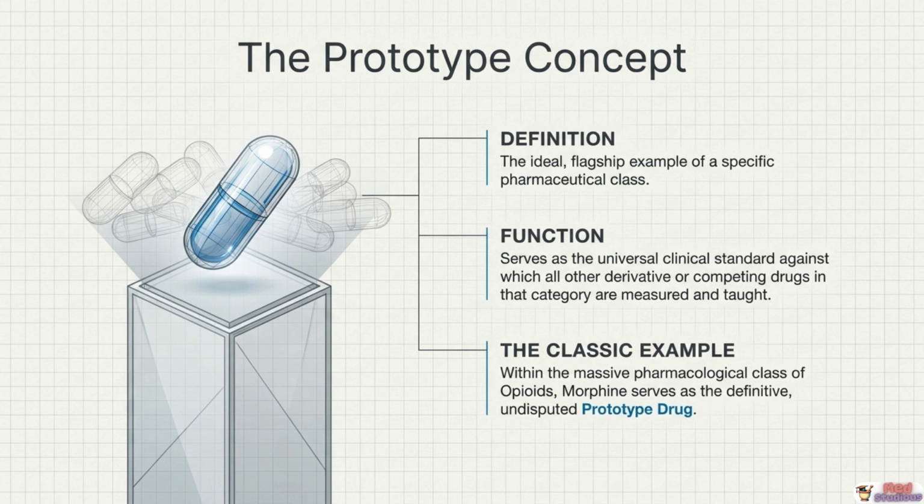Every other opioid, codeine, tramadol, fentanyl, oxycodone, methadone, buprenorphine, is taught and clinically understood in relation to how it compares to morphine on efficacy, potency, receptor selectivity, half-life, abuse potential, and specific clinical indications. The prototype concept transforms pharmacology from a fragmented list into a structured comparative science.